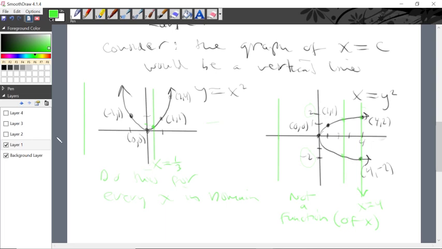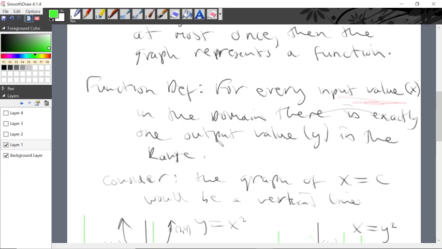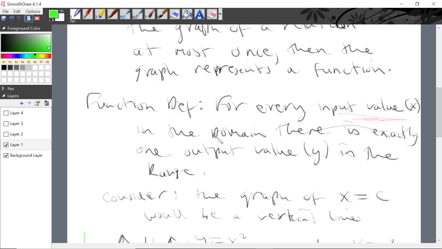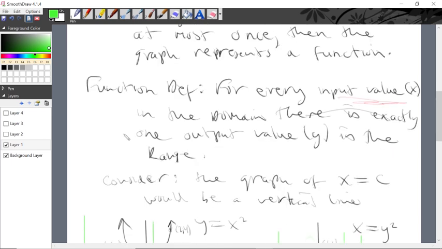Okay, so that's enough discussion of the vertical line test. You understand how to use it when looking at the graph of a relation to determine whether something is a function of x or not a function of x, and also how it relates to the definition of a function itself. It is a graphical or geometric interpretation of the definition of a function.